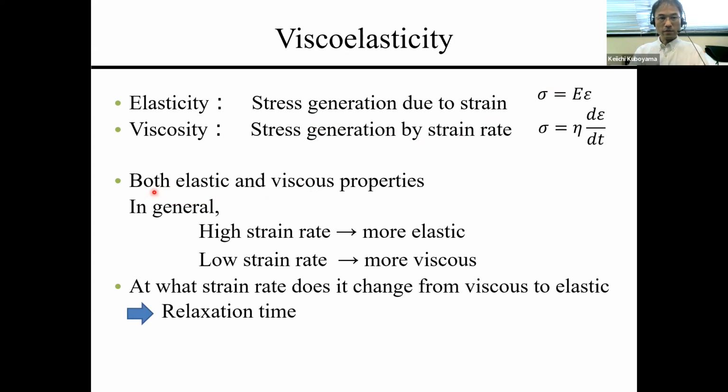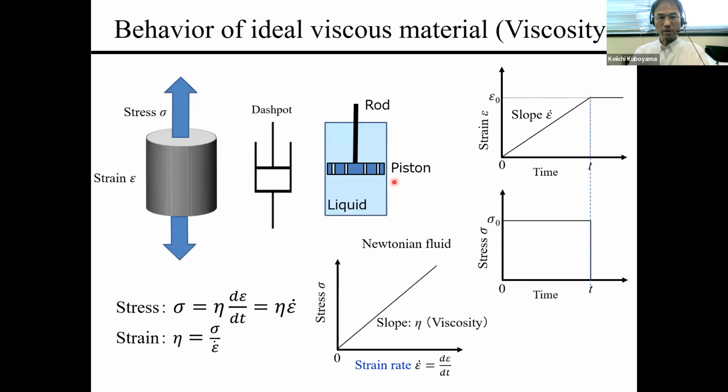So in the case of a polymer, both elastic and viscous properties are included. Generally, if you apply a high strain rate, the material becomes more elastic, because as I mentioned around here, you cannot apply rapid strain to a viscous material.